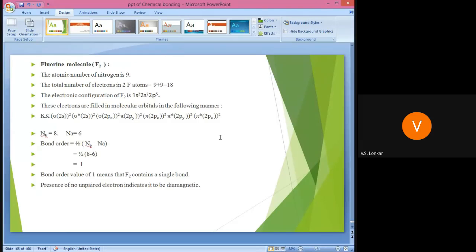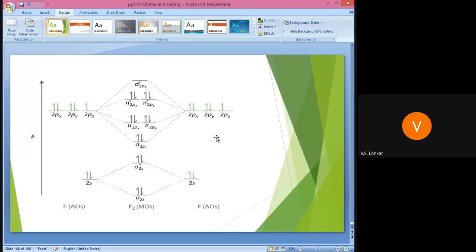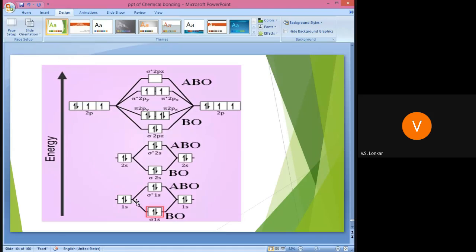This is the molecular orbital energy level diagram. This diagram starts from the 2s atomic orbital, but you can draw the 1s atomic orbital like that, 1s, 1s. Please mention the 1s atomic orbital also. When you draw a molecular orbital energy diagram for any example, start from the 1s atomic orbital.